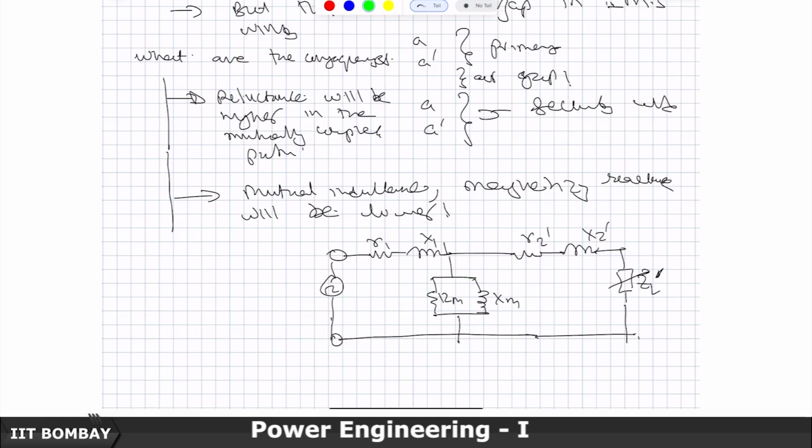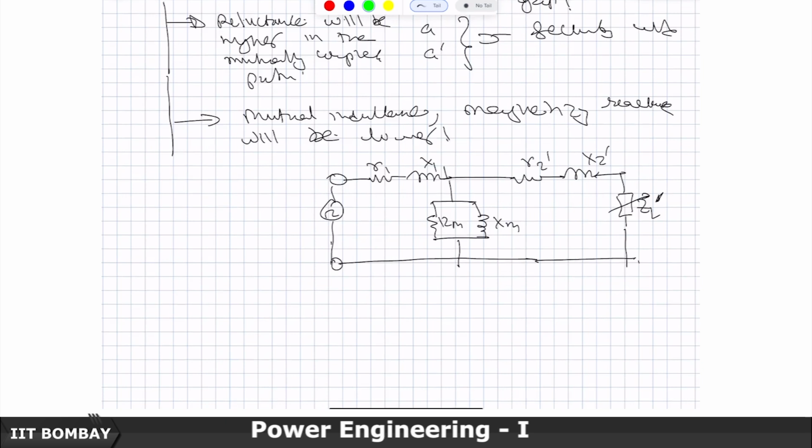So, I had said that as an approximation you can move this thing here, and when you are studying a system like a power system or an energy system where there are thousands of interconnected transformers in the grid, because this current is only 1 to 2% of the full load current, even this branch could be ignored, and you get just a simple equivalent circuit in which you have R1 plus R2 dash and X1 plus X2 dash.